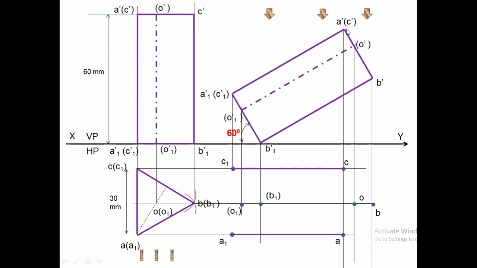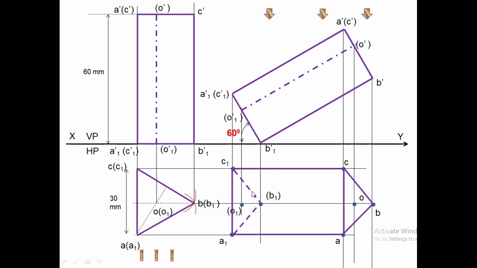The face nearer to the observer is this one. This face A1, B1, C1 is not nearer, it is nearer to the XY line. So we cannot see this completely. So mark this face ABC by thick line like this. Complete the boundary line. This is the boundary line.